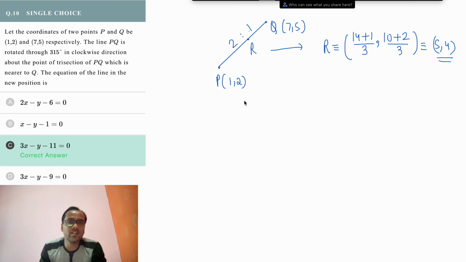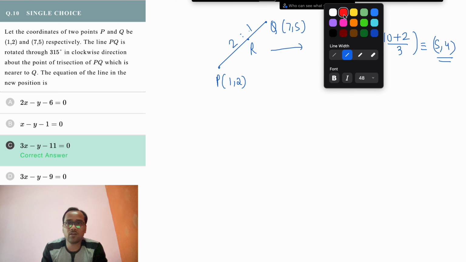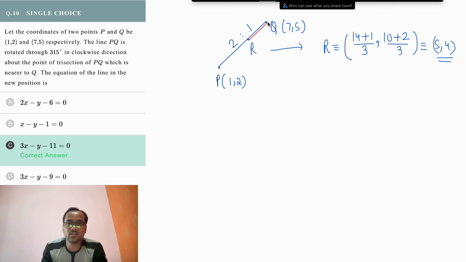So if I'm rotating this line about the point R, okay, so let me draw, let's say this is RQ. I'm rotating this line through the point R. So in this way it would be rotated. But since it is rotated through an angle of 315, this gap of angle will be 45 degrees, right?